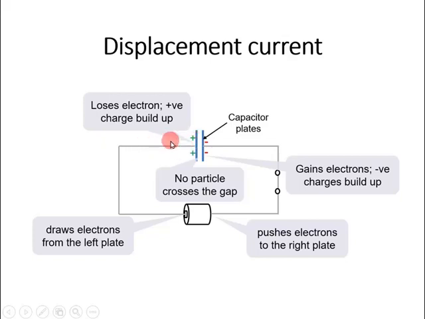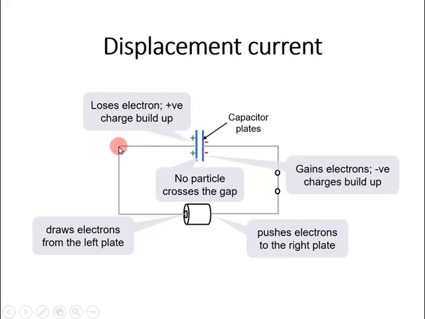So electrons will be drawn from here because this side is positive. So electrons will rush from here to the positive terminal. And this side being negative will also pump electrons to this side. So there will be excess electrons on this side of the plate, and this side of the plate will be deficient of electrons, leaving positive charges.